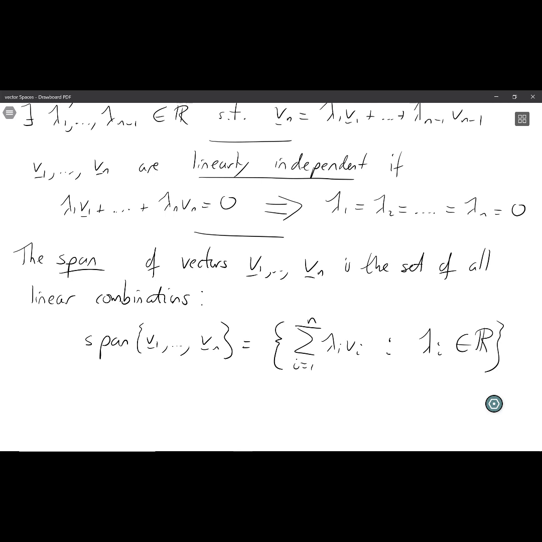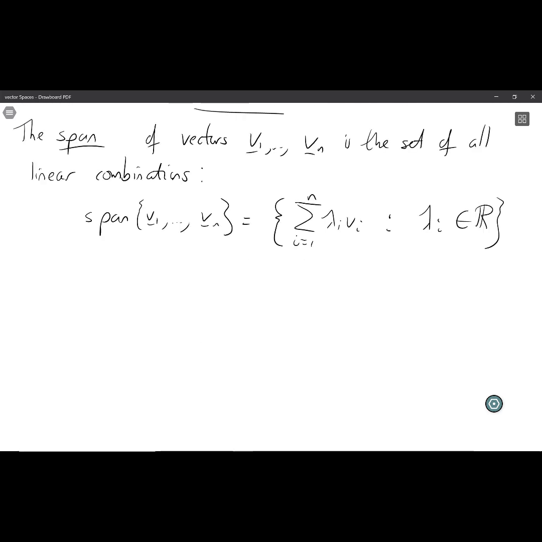That is the span, the set of all linear combinations. So finally, this leads us to the concept of a basis.